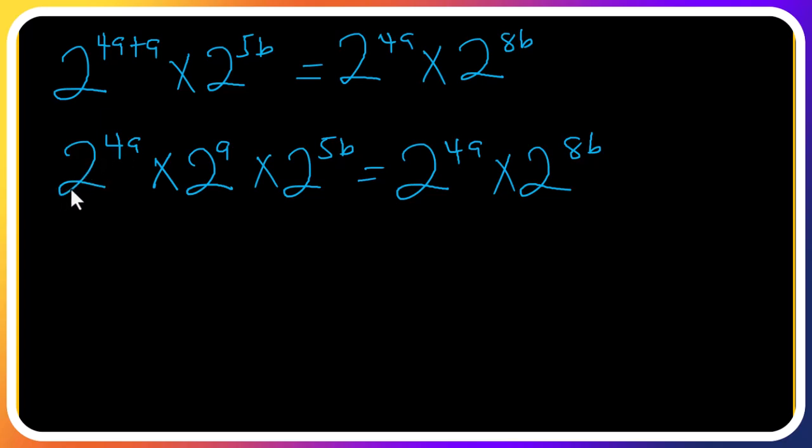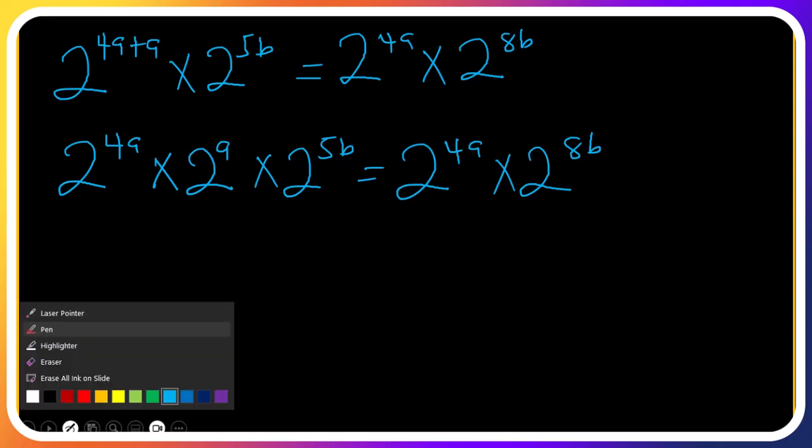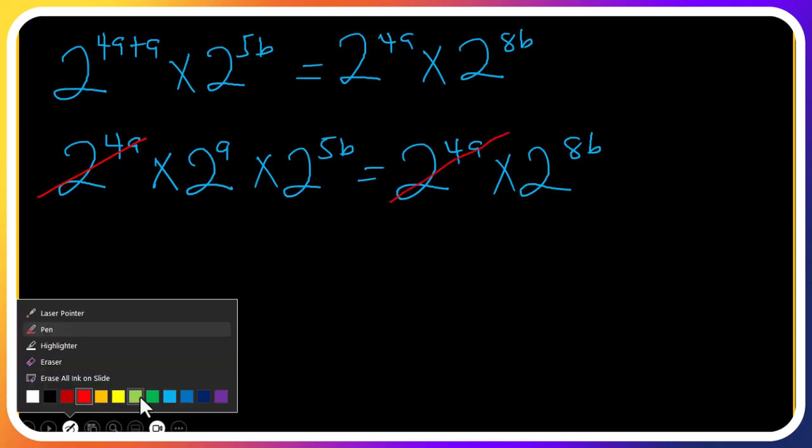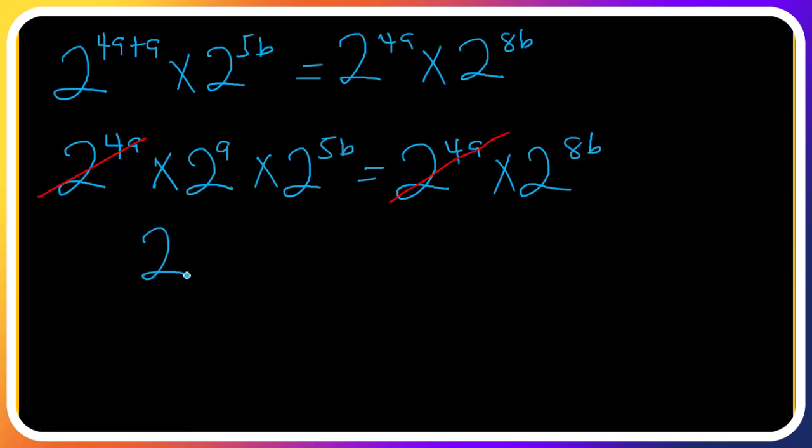We have 2 raised to the power 4a on both sides, so it's been eliminated. Now what do we have left? 2 raised to the power a times 2 raised to the power 5b equals 2 raised to the power 8b.